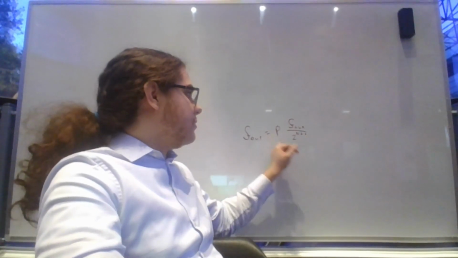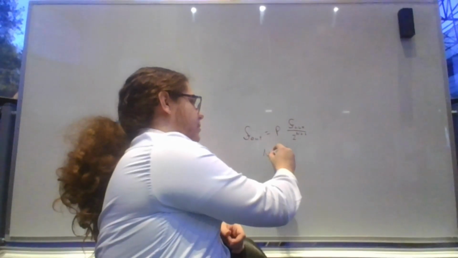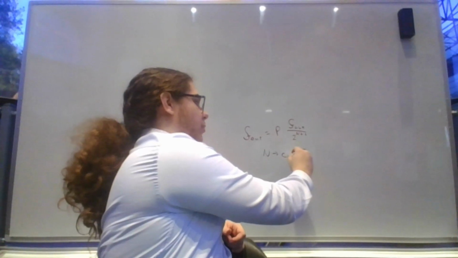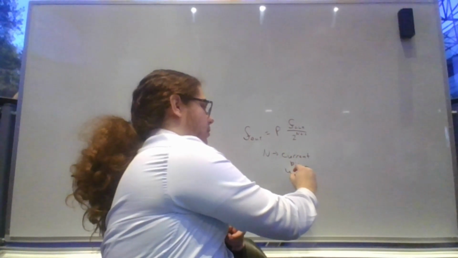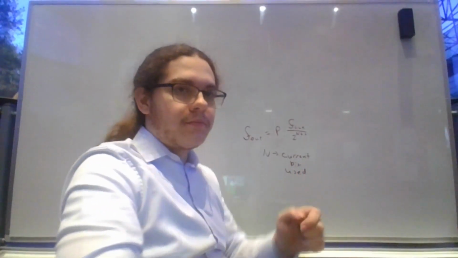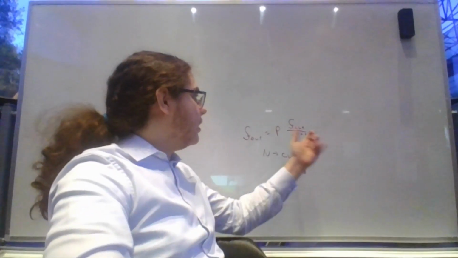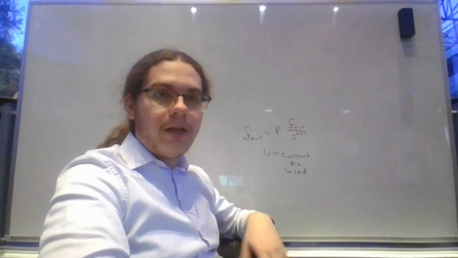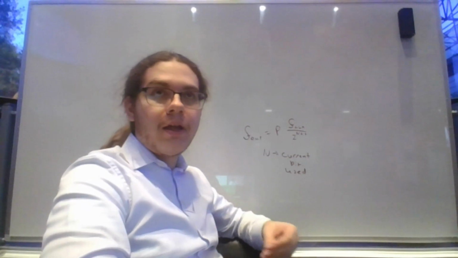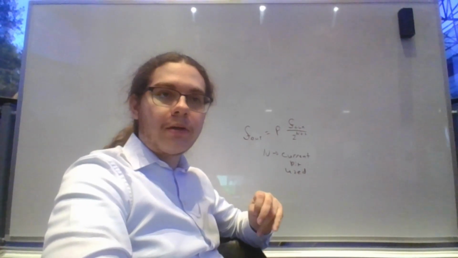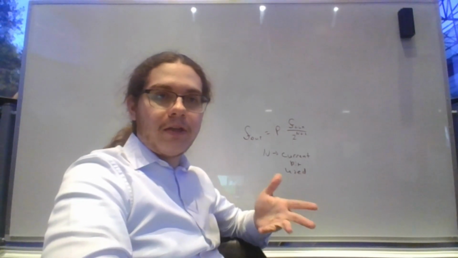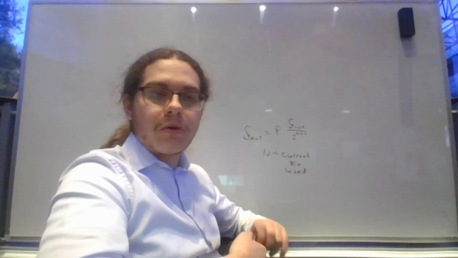Just keep in mind this is the typical one, where N is the current bit that we're pulling. Then you would rearrange, solve for P, and round P to the nearest whole number, because you can't have a decimal portion.